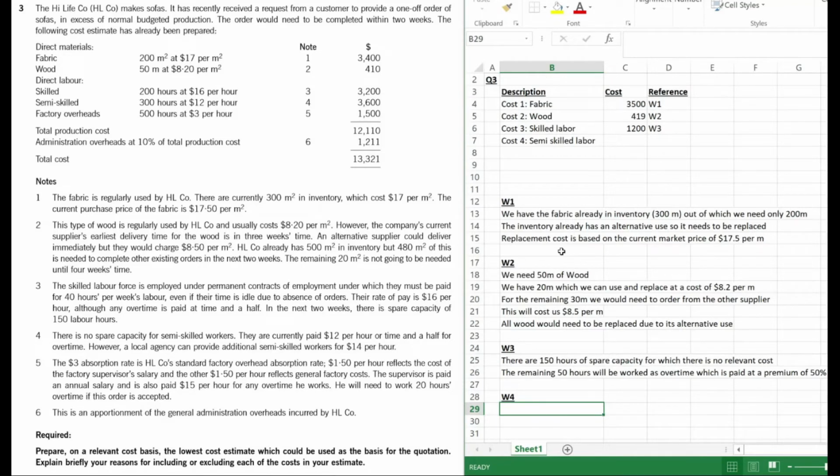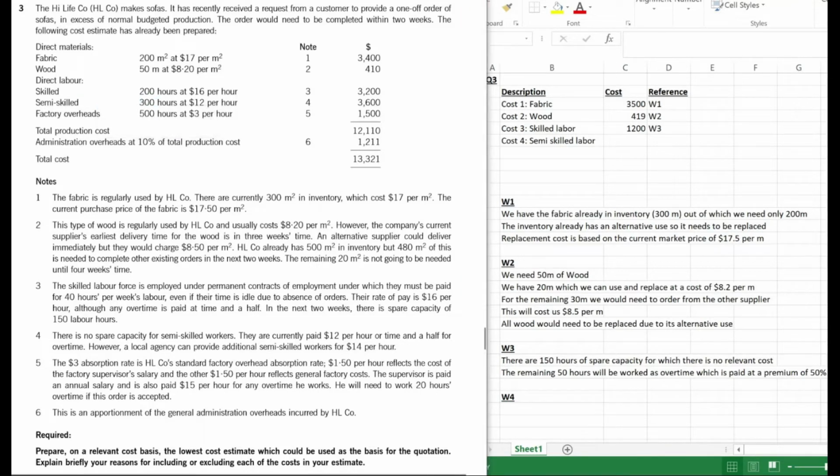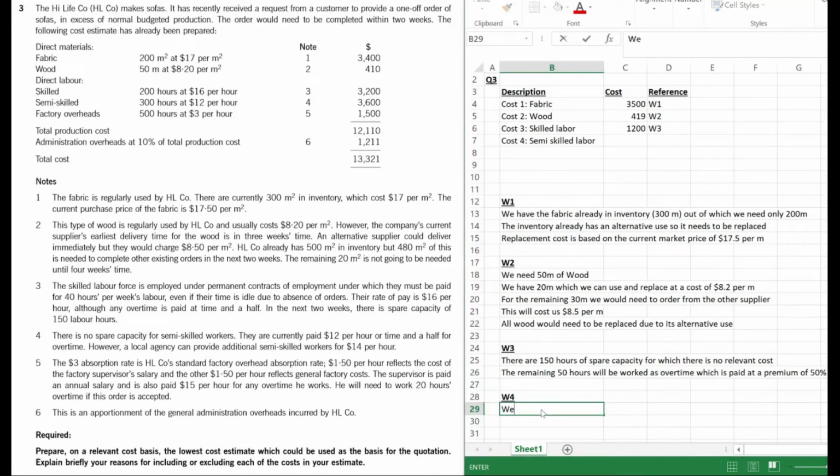Okay. So let's weigh the two options. First of all, they haven't told us how many hours we need. Let's go back up. Semi-skilled workers, 300 hours, right? Okay, so 300 hours. One option is that they are currently paid $12 or time and a half for overtime. So we'll mention we have two options.